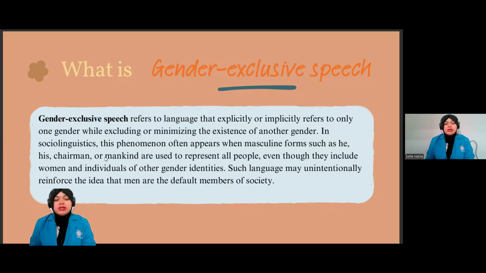In sociolinguistics, this phenomenon often appears when masculine forms, such as he, him, chairman, or mankind, are used to represent all people, even though they include women and individuals of other gender identities. Such language may unintentionally reinforce the idea that men are the default members of society.